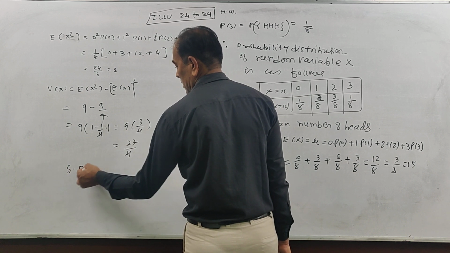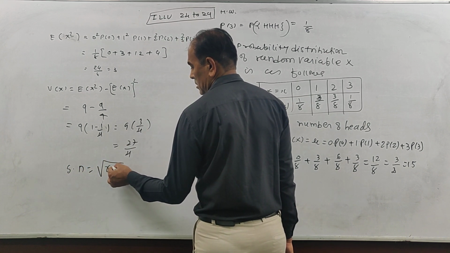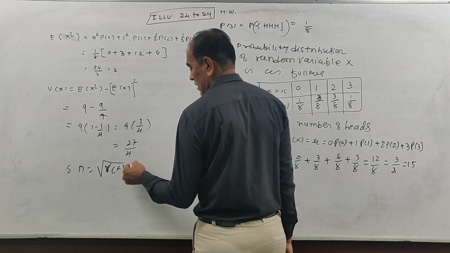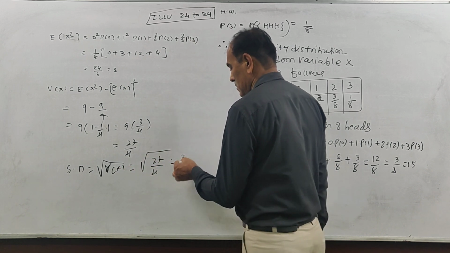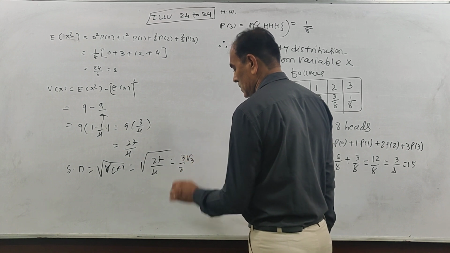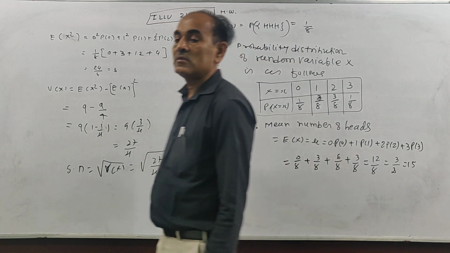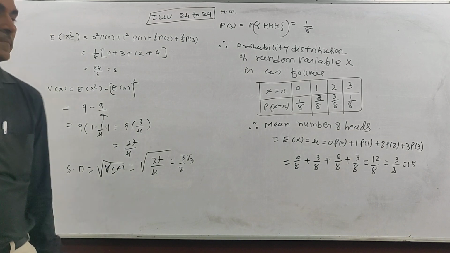Then what is the standard deviation? Positive square root of variance. Under root 9 by 4, that is 3 by 2. So this is the standard deviation also.